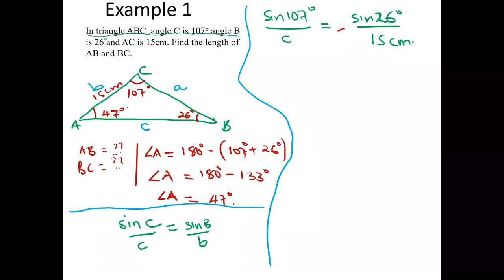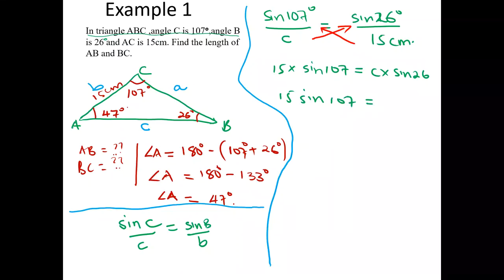Here you always know cross multiplication. So this will be 15 times sine 107 is equal to c times sine 26.